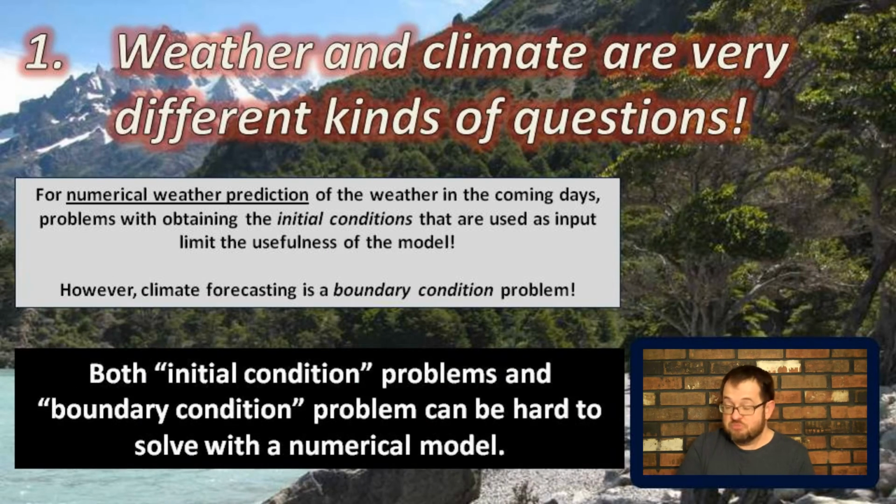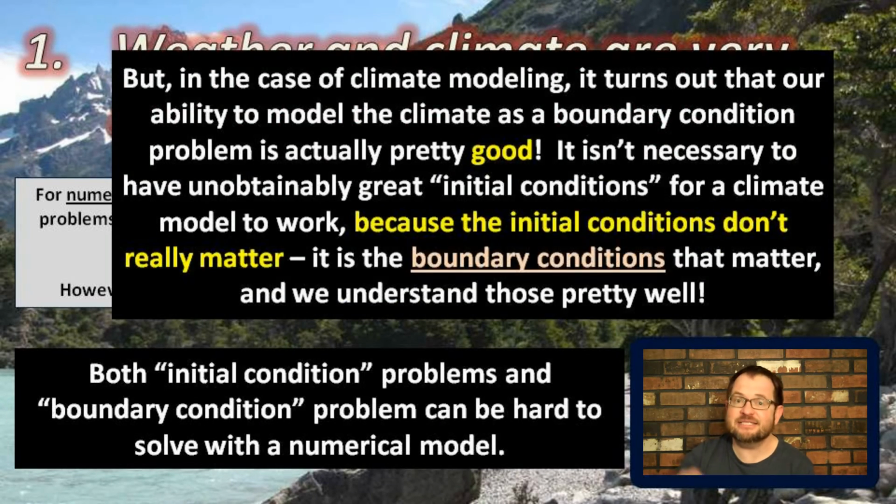And it turns out both initial condition problems and boundary condition problems can be very, very hard to solve with a numerical model. But in the case of the kinds of boundary condition problems that make up a climate model, our ability to model the climate as a boundary condition problem is actually really good.